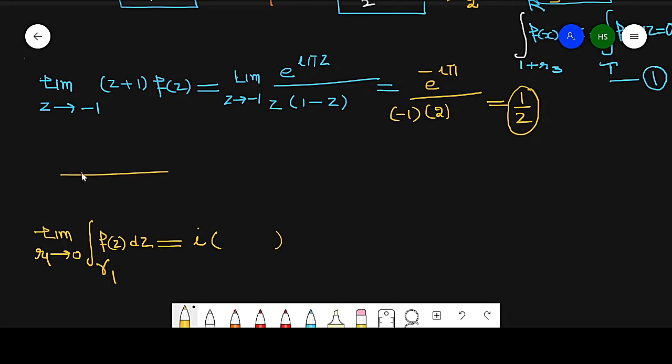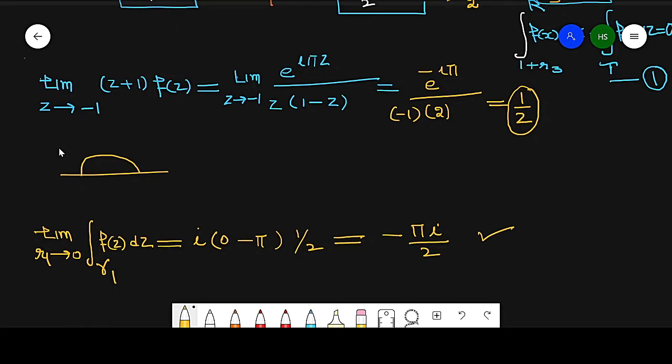Which kind of direction is this? This kind of direction, so it is 0 minus pi, and this value is 1 by 2. So this integration is minus pi iota by 2. This is the value of the first integration. Remember this value.